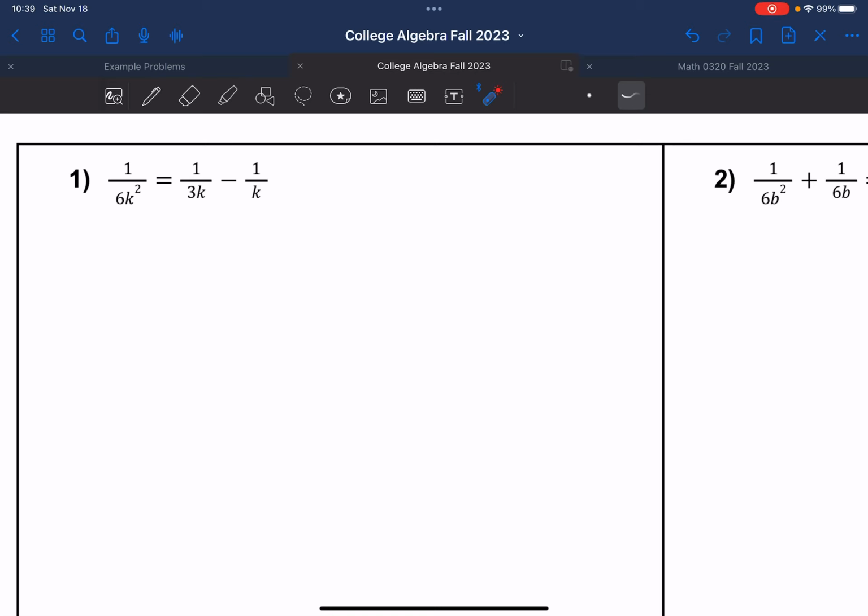Looking at the denominators, we have a 3k and a k, which means the common denominator between both would be 3k. So the only one missing something is this fraction here. So I'm going to multiply that fraction top and bottom by 3. And then I'm left with 1 over 6k squared is equal to 1 over 3k minus 3 over 3k.